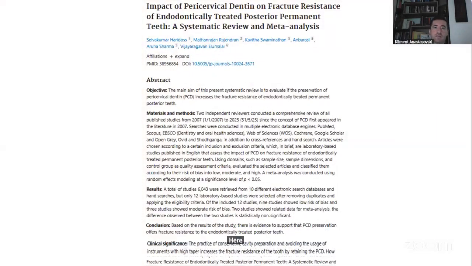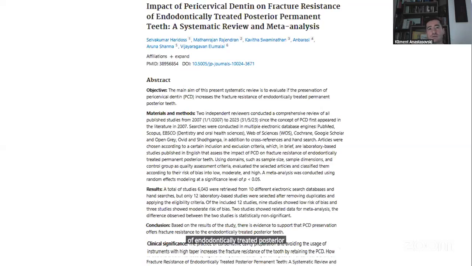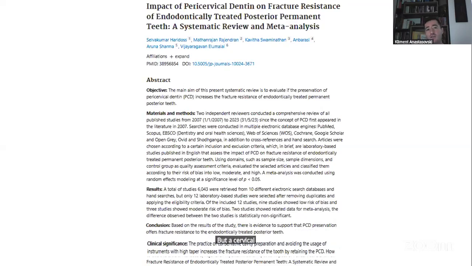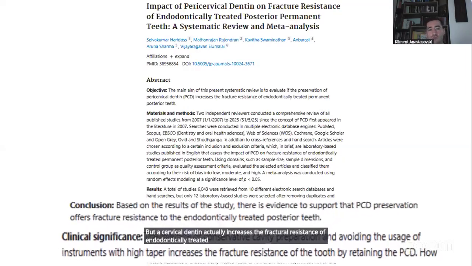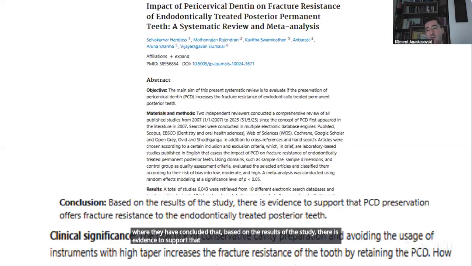Here is a study on the impact of pericervical dentin on the fractural resistance of endodontically treated posterior permanent teeth. It is a systematic review and meta-analysis, made to evaluate if the preservation of pericervical dentin increases the fractural resistance of endodontically treated permanent posterior teeth, where they concluded that, based on the results of the study, there is evidence to support that pericervical dentin preservation offers fractural resistance to endodontically treated posterior teeth.